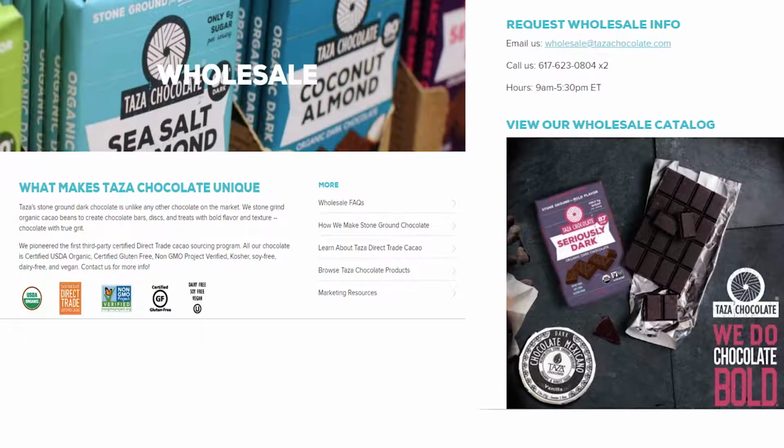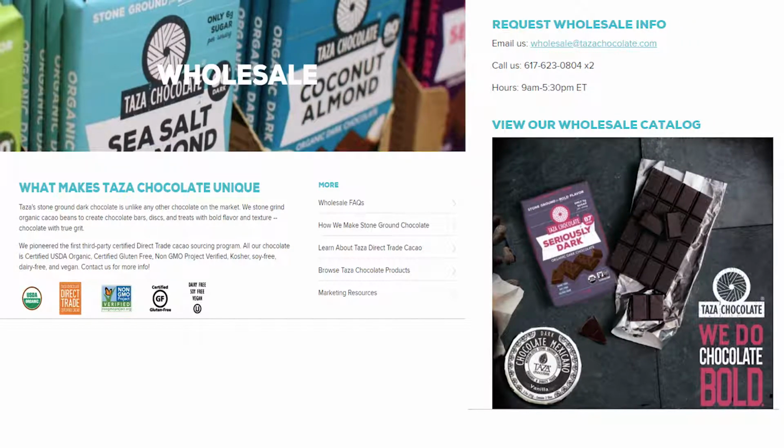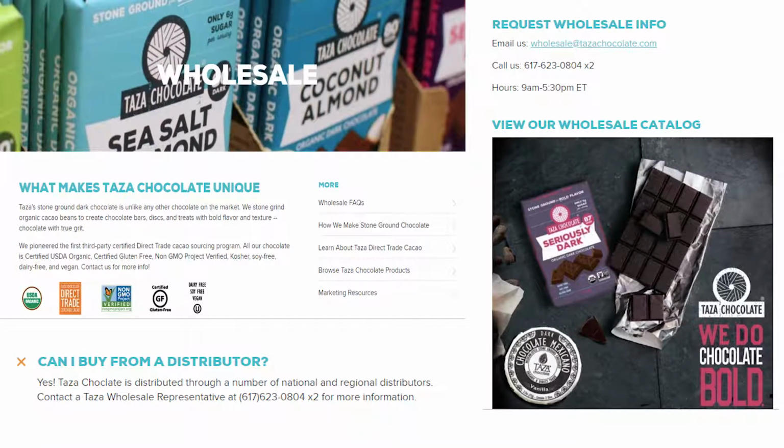Here we can see information available for organizations interested in buying wholesale with a specific catalog. Finally, Taza also uses distributors for national or regional transactions. Because chocolate melts, they need to use distributors so they can serve remote locations at an efficient cost.